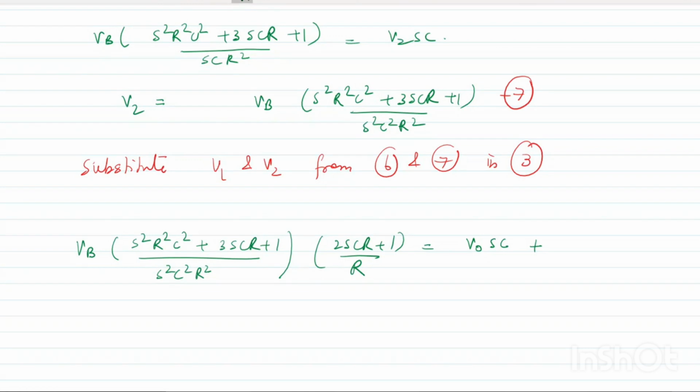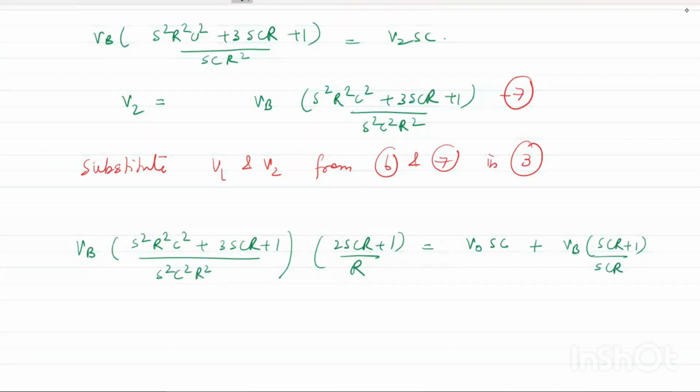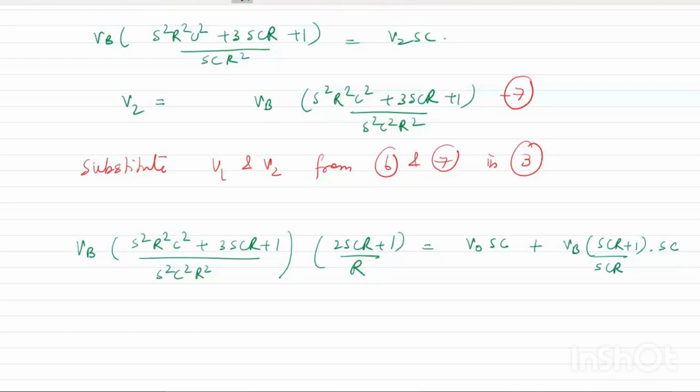What is the V1 value? V1 value is VB (SCR plus 1) upon SCR into SC. There is already into SC. I am just putting the value of V1 and V2 from 6 and 7 in 3.